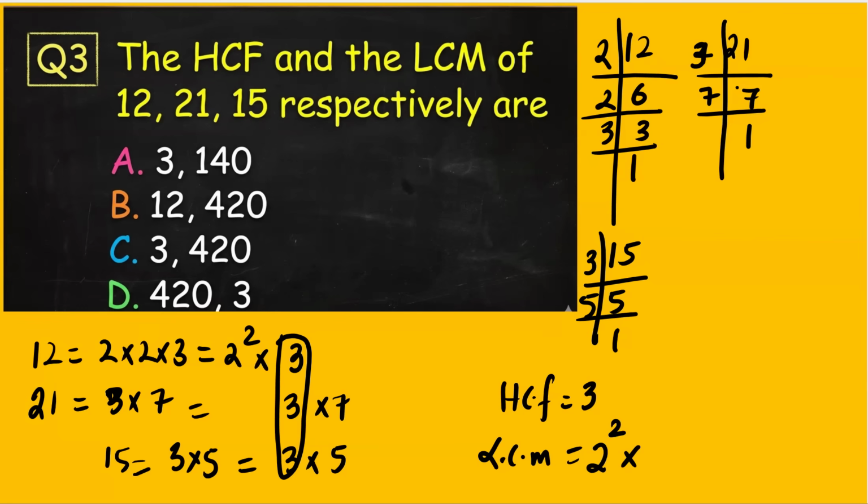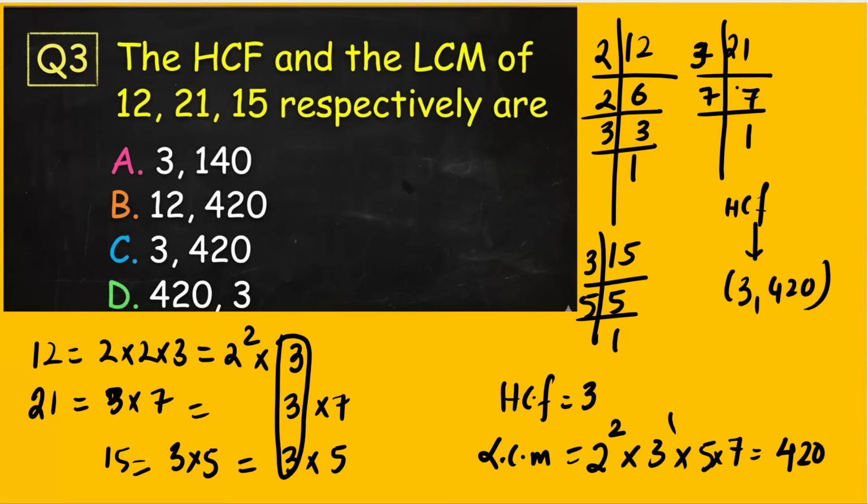The highest power of 3 is 3 to the power of 1. And then we have 5 multiplied with 7. So 4 3s are 12, 12 5s are 60, and 60 times 7 is 420. Therefore our HCF is 3 and our LCM is 420.